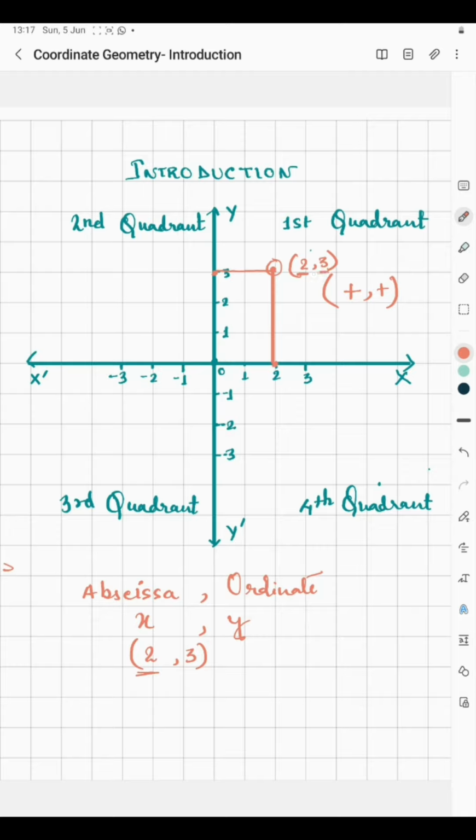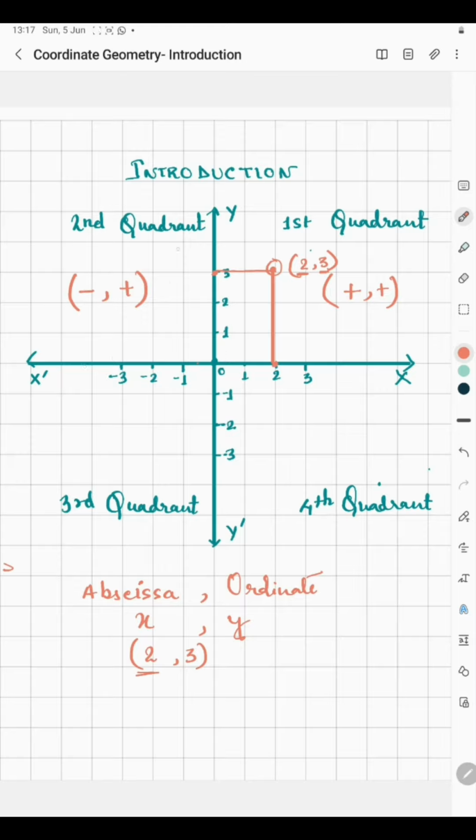Now in the second quadrant, the value of x will be negative and the value of y will be positive, because the left side of the origin is negative and the upper part of the origin is positive.